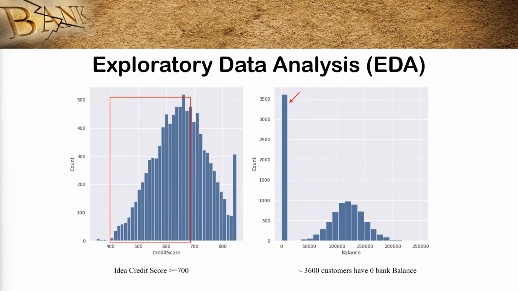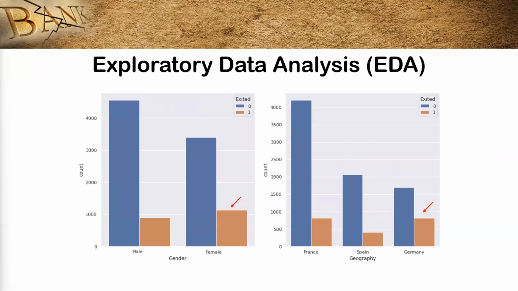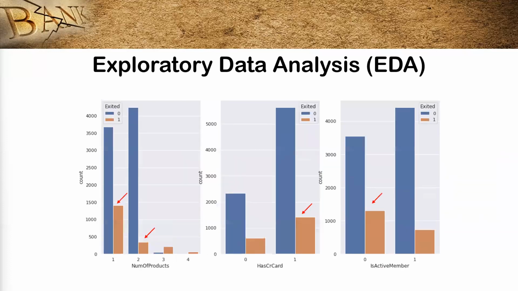On the balance chart, most of our customers have bank balance normally distributed, except around an estimated 3,600 customers who have zero bank balance. The gender chart shows females have a higher churn rate compared to male customers, while on geography, the average loss of customers is highest in Germany.